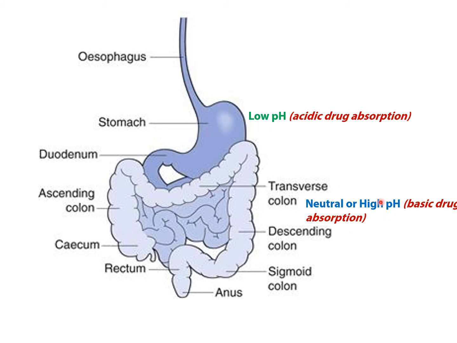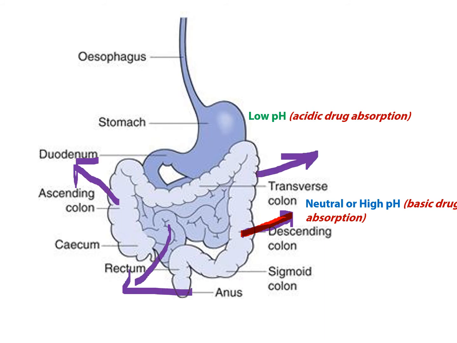So drugs that are formulated as a basic molecule that has an amine or something, in neutral or high pHs, you're going to see absorption occurring in these areas right here. I'll do those in purple. So what we would see is intestinal absorption with drugs that have a neutral or high pH configuration.